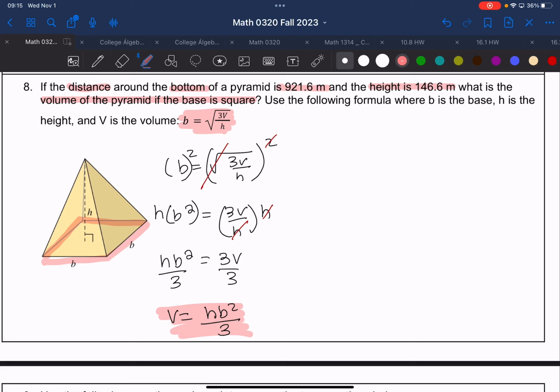So we would have to take that 921.6 and divide it by 4. When we do that, we get 230.4. This is our B value.